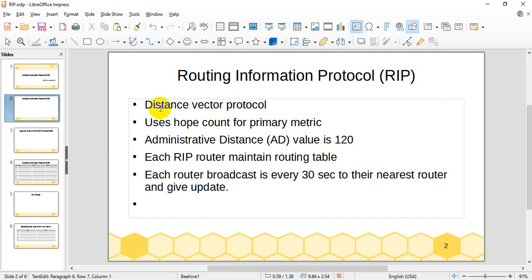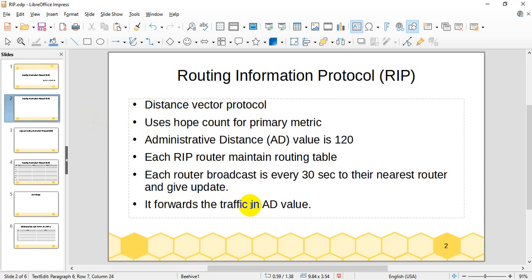Another point is that it forwards the traffic by administrative distance value.